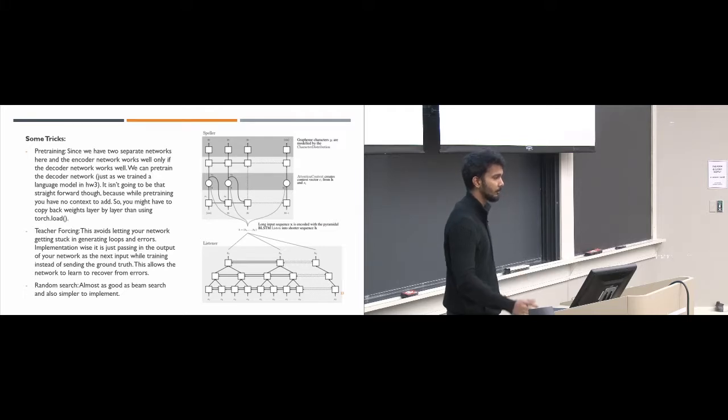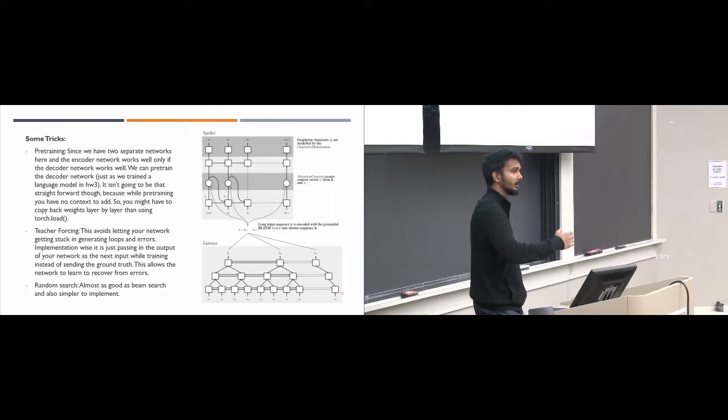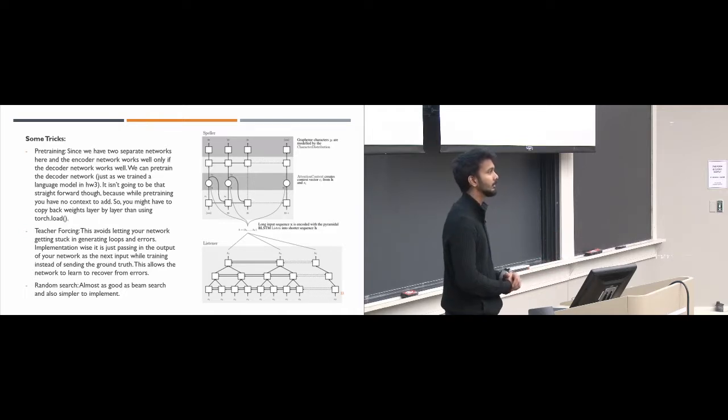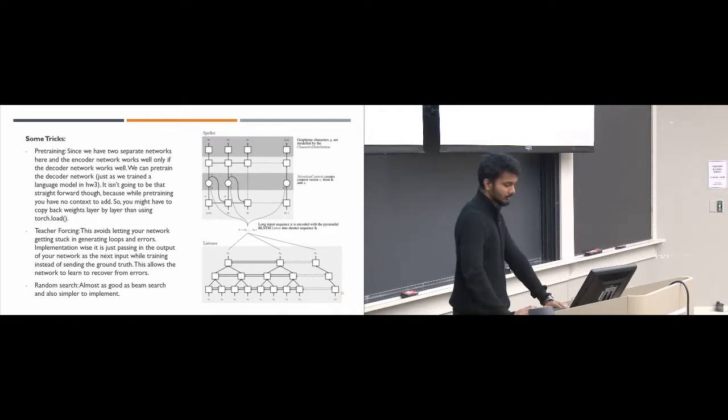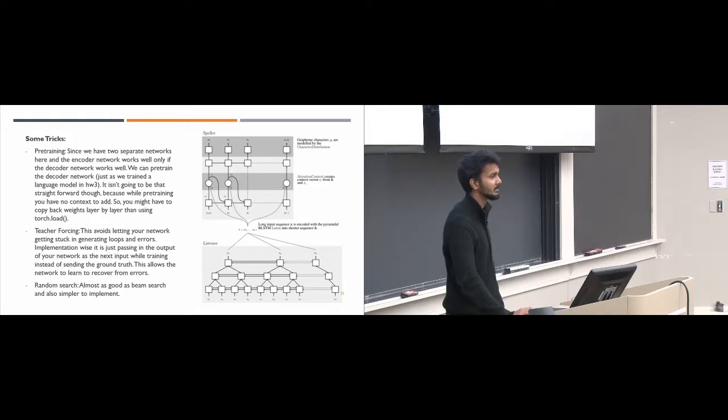If it's a probability of 0.5, 50% of the time you'll be using your ground truth to train it, and 50% of the time you'll be just taking the outputs of your network to push it in. So this helps with dealing with errors. You should probably not be having 50%. Any idea what the ideal value was for teacher forcing? 0.2 or something like that, isn't it? 0.1. Yeah, 0.1. It should be very low, just to deal with errors and not to get stuck in loops, obviously.